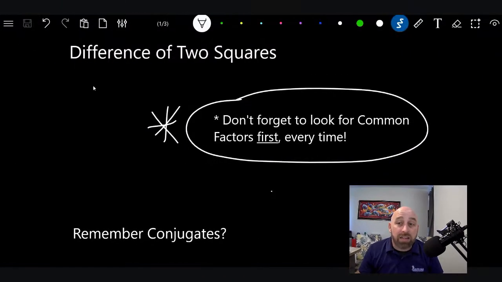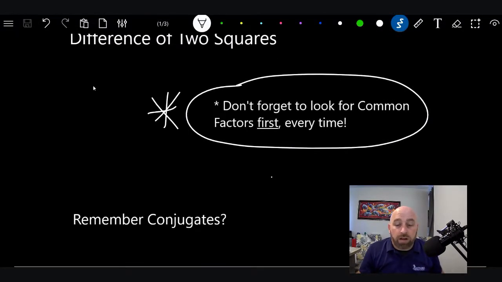I would love for this to be the first time nobody in a class ever forgets to common factor, but it's not going to happen. Somebody's going to forget to common factor. Please don't be the one to do that. Always first do your common factors. Then you go on to the next step.